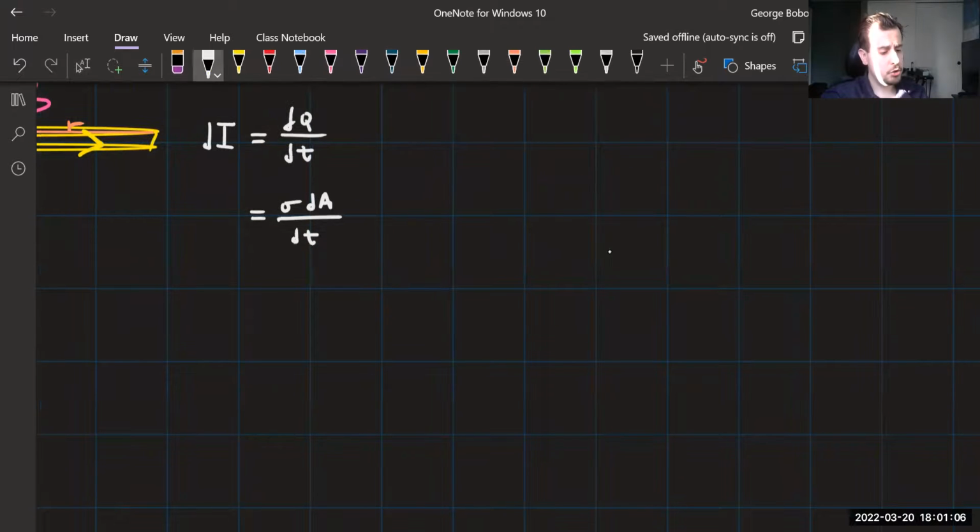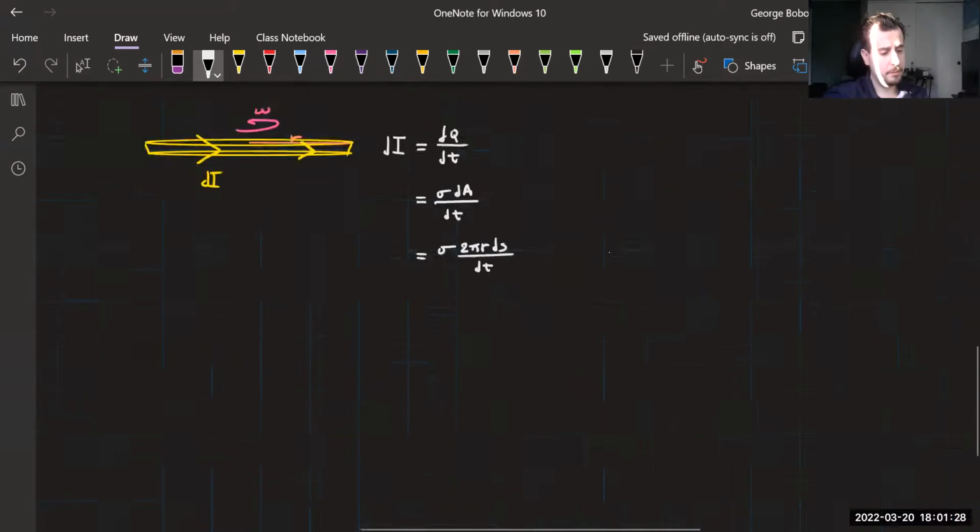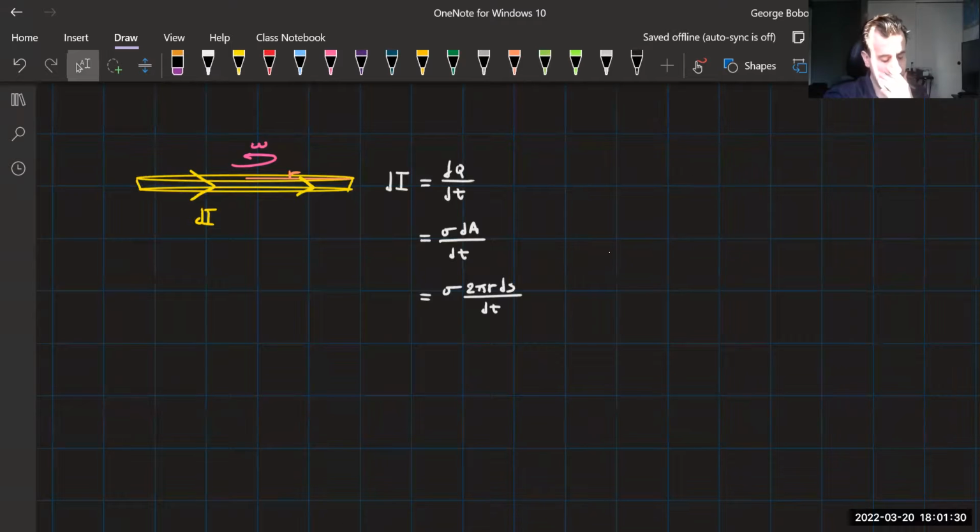Fair enough. So when I go through with this, I eventually can open this up. Sigma here being sigma, but dA is 2 pi r ds, and then over dt. Now, one thing I should really be careful about is the ring itself.